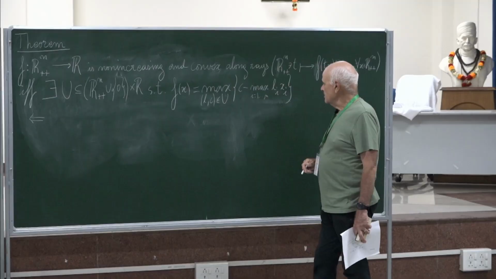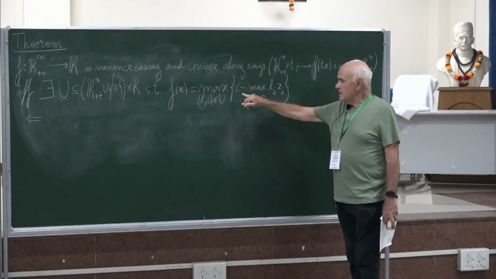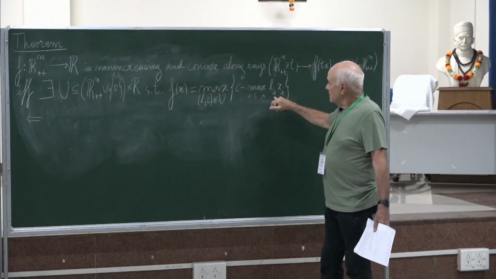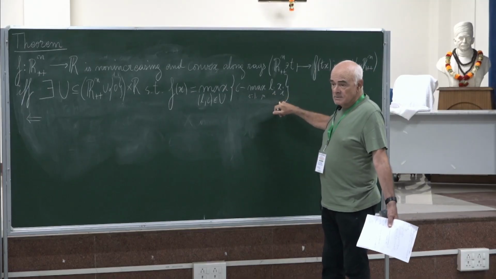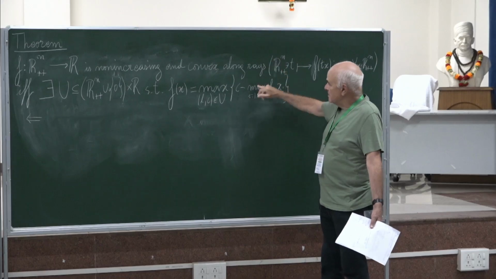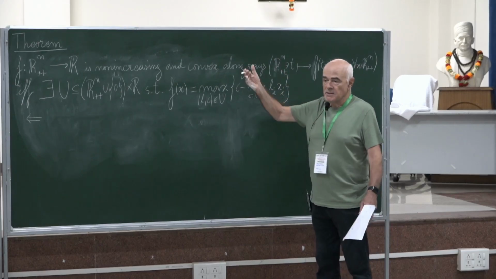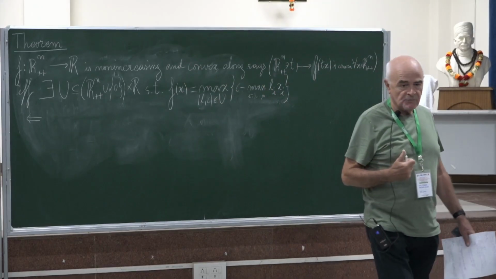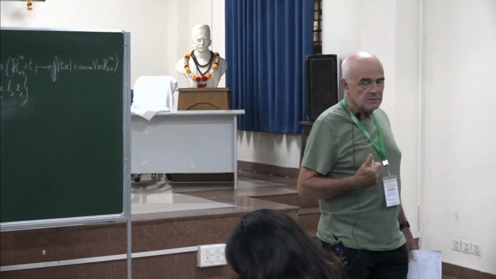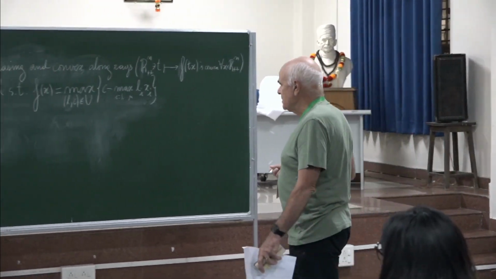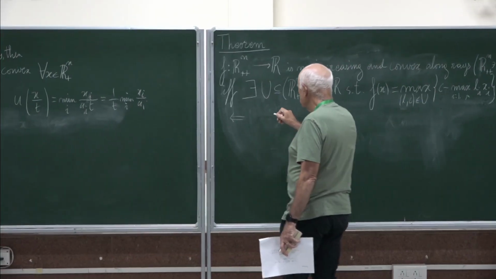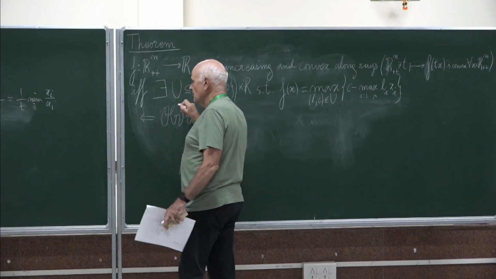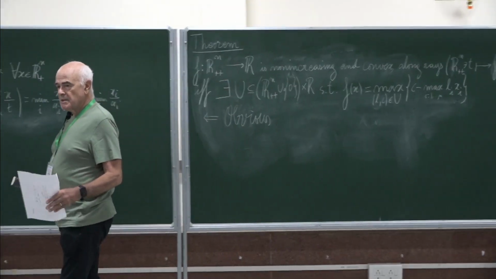Because, as I said, each one is non-increasing, because when x_i increases, the term increases, but there is a minus sign, etc. So it's non-increasing, and convex along rays I already justified. Okay? So there is nothing to prove in this direction. So the opposite direction is the interesting one.